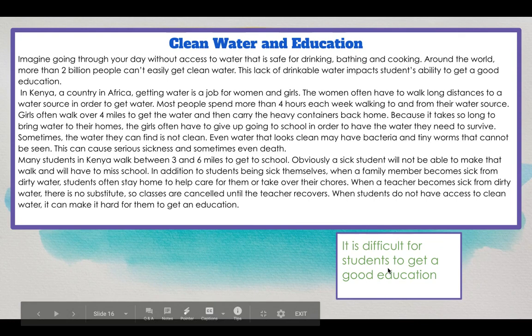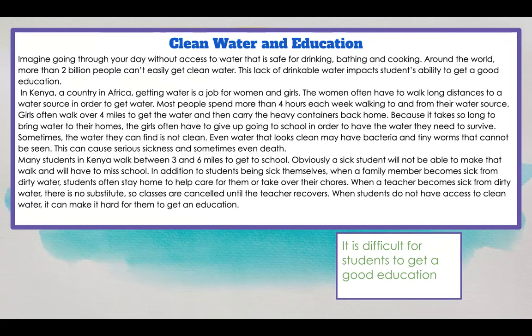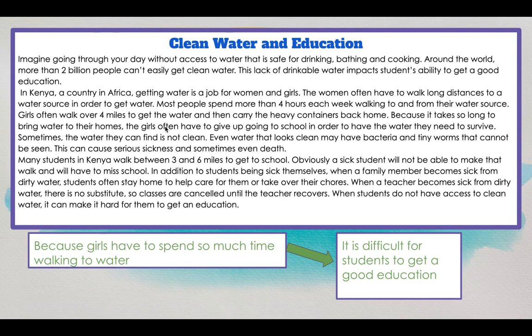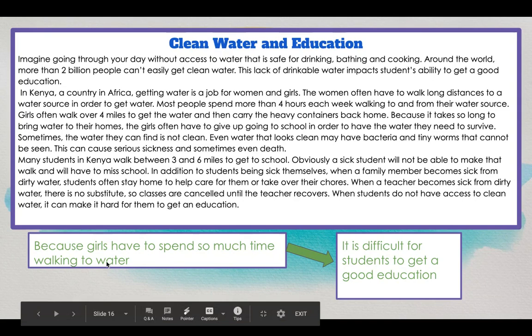And now I want to know, well, what's causing that? Well, the first thing is, this first part talks about how much time they're spending just trying to find water and bring it back home. So because girls have to spend so much time walking to water, it's difficult for students to get a good education.